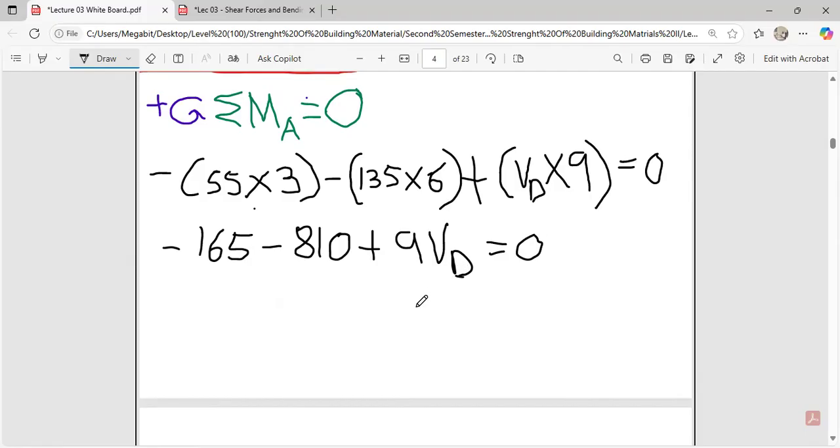From there, how do you do this? You only simplify. Minus 165 minus 810 is going to give you negative 975.